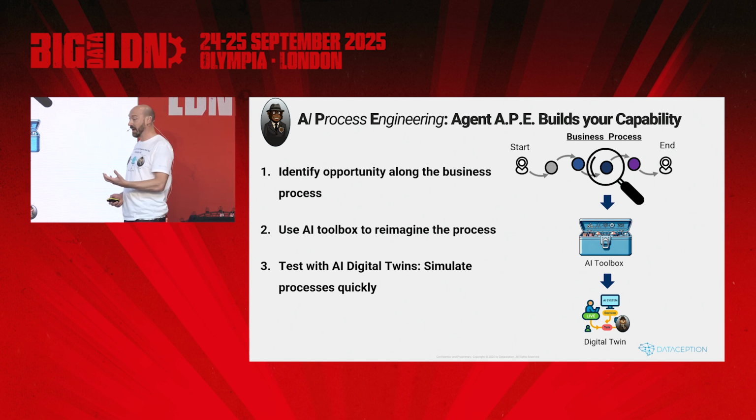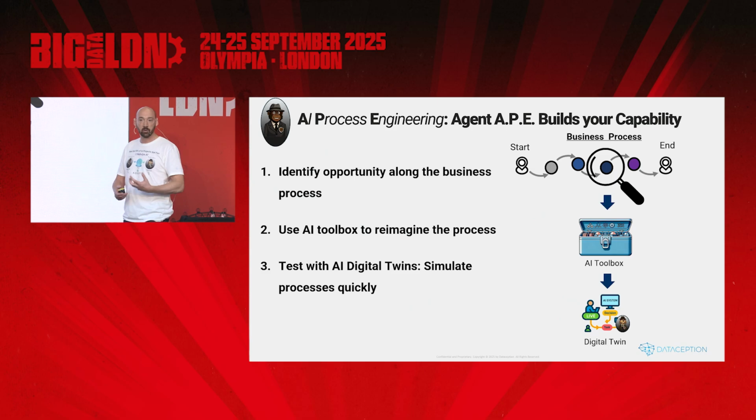We have this thing called the AI toolbox, which is not just generative AI, not just LLMs, but the entire toolkit of different types of analytics and AI models. Then we build a prototype, a digital twin of that business process using those components. And then we test it with real users and real customers, which is really key, and do it all very quickly. This is the art of what I call AI process engineering.